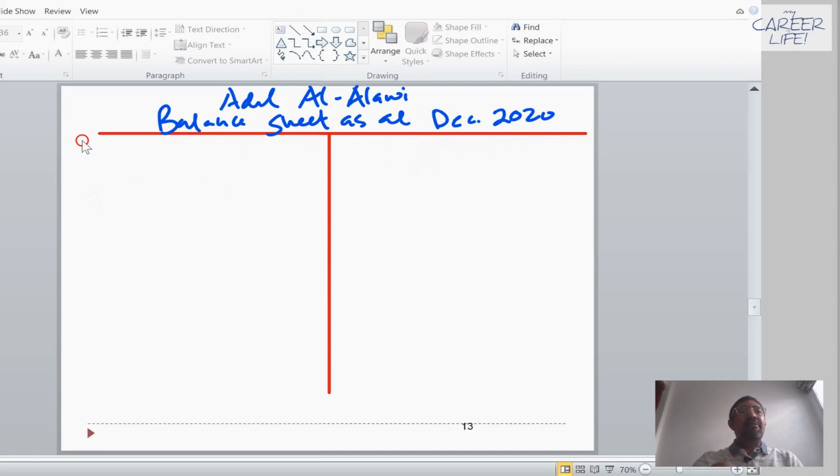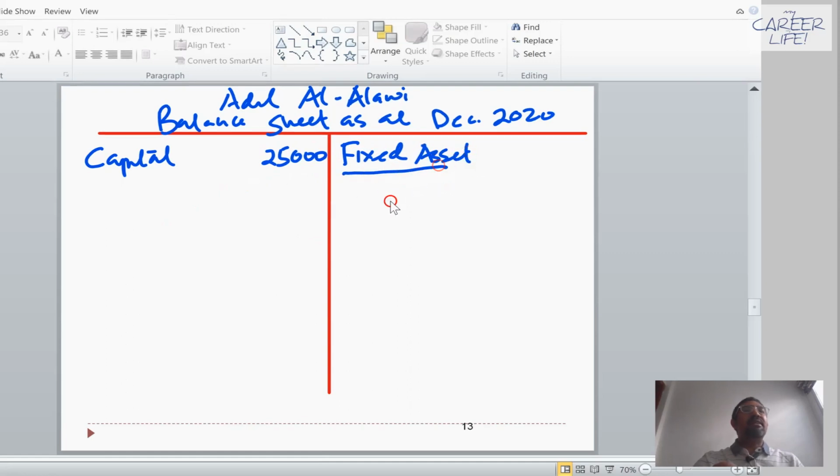We have capital here, so we are going to write capital there, and the capital is 25,000. Then the next item was office machinery, which is a fixed asset. So we write there fixed asset. So now you are able to classify. Fixed asset, we have office machinery. How much was that? It was 20,000.